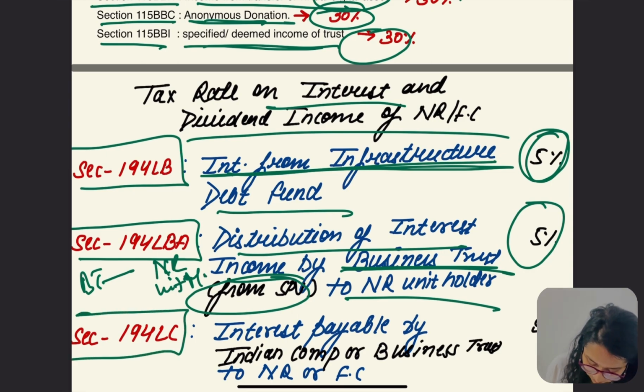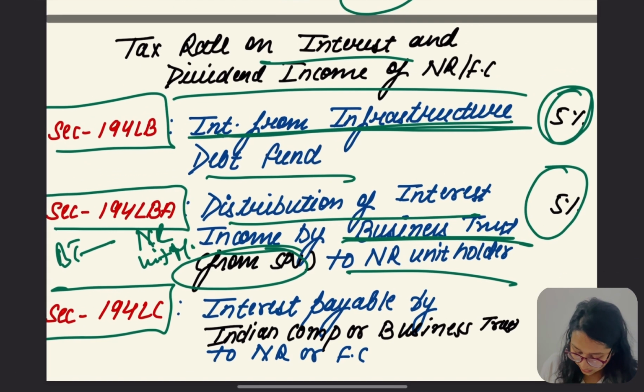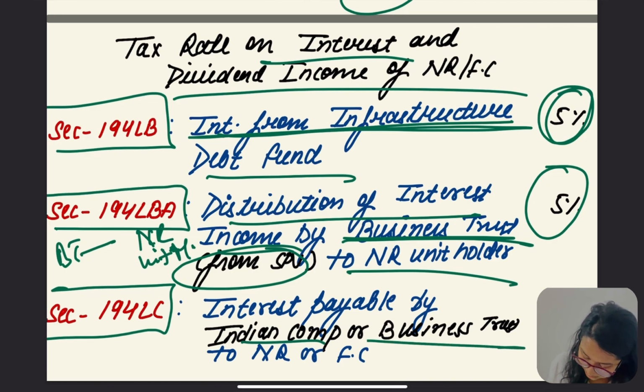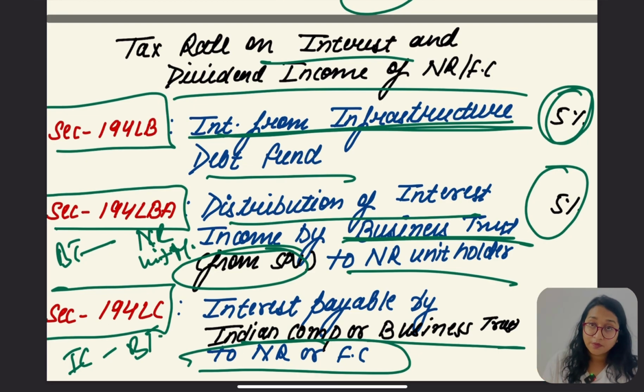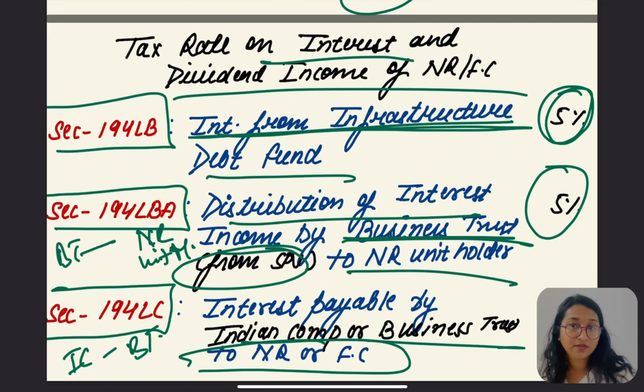Section 194LC says about the interest payable by Indian company or business trust to non-resident. Earlier it was from business trust to non-resident unit holder. Now they are saying about the interest payable by Indian company or business trust to the non-resident.